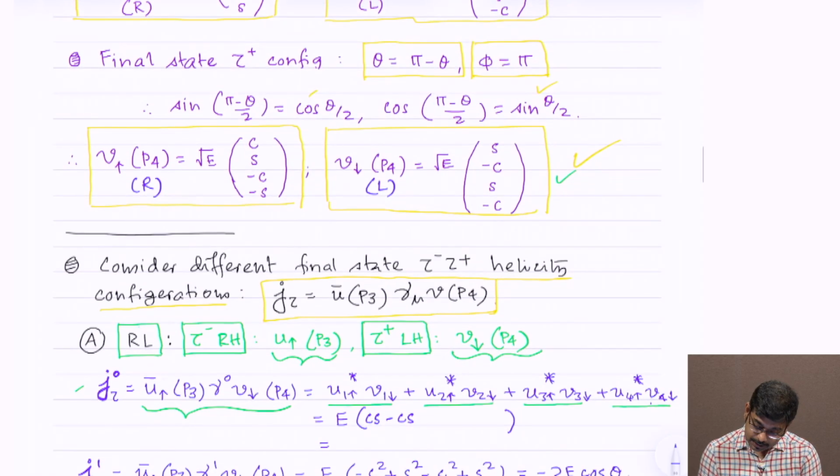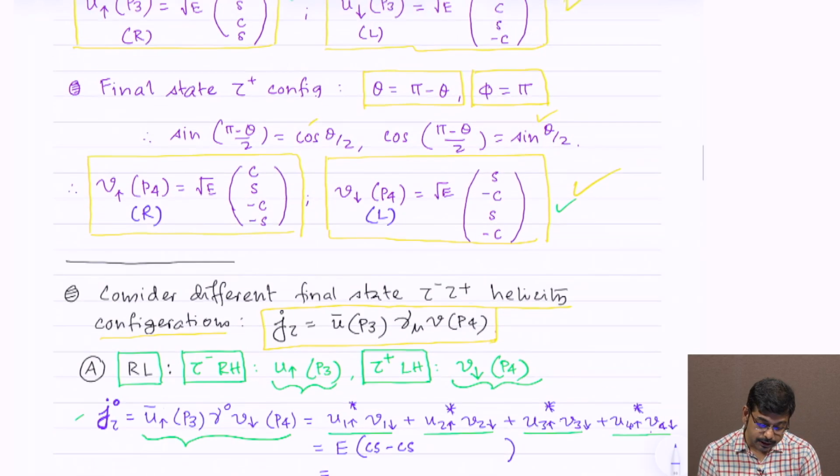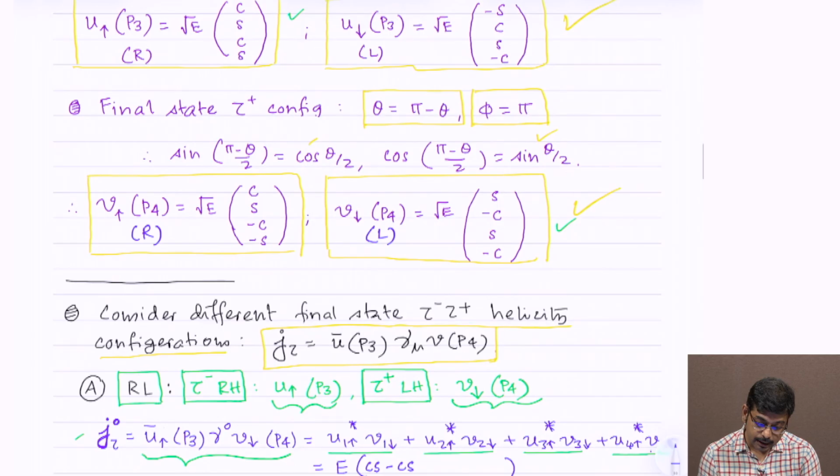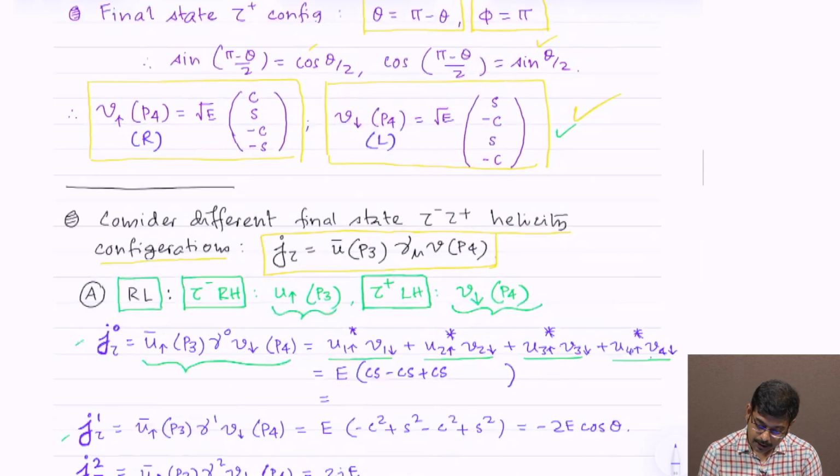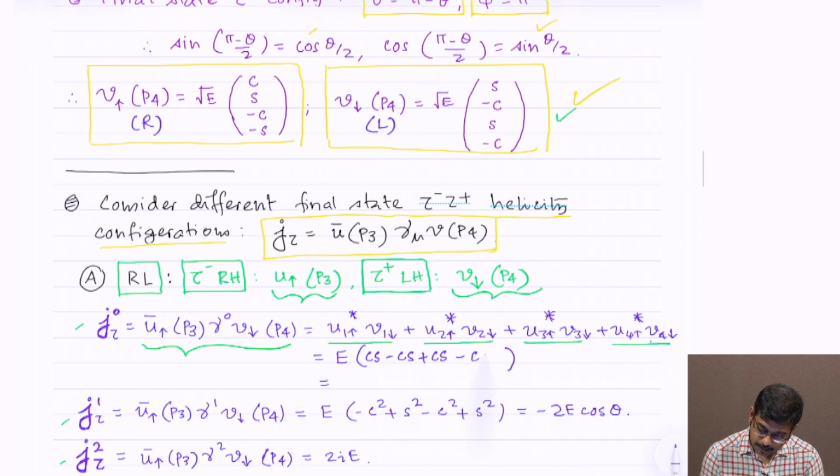All right. Third term U3 star V3, U3 star is C and this is S. So, this is once again plus CS, and U4 up star V4 down is S into minus C. So, this is once again minus CS. So, this combination is 0. So, the 0th component of the RL current of the tau plus tau minus is actually 0.